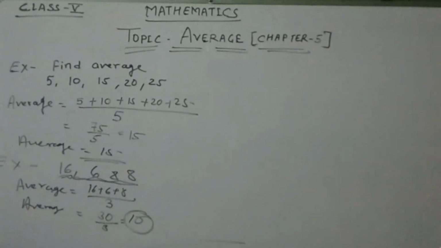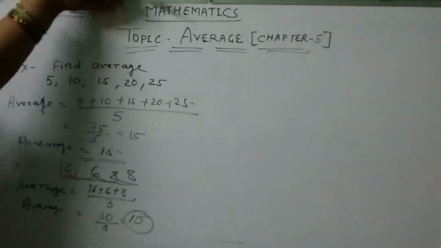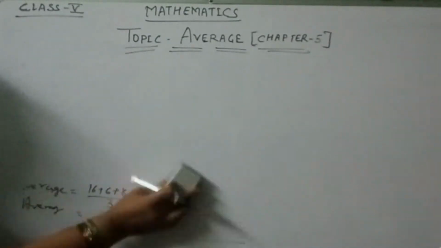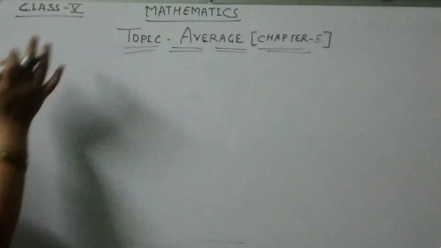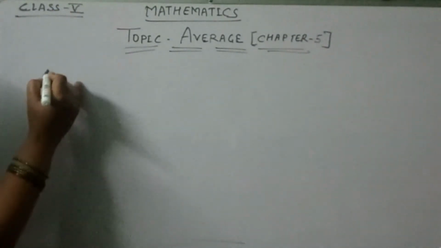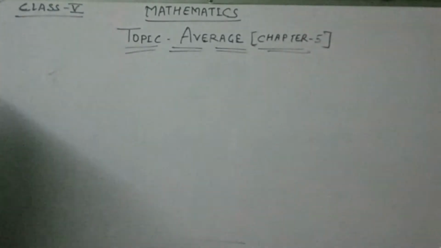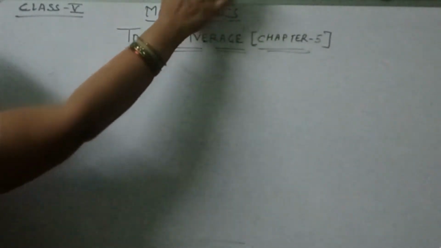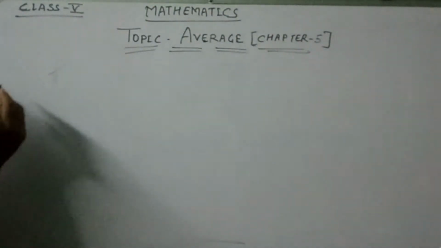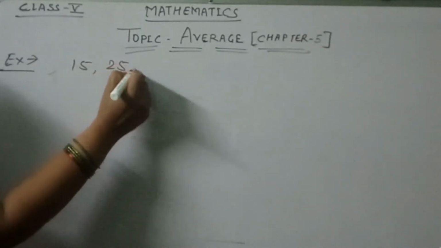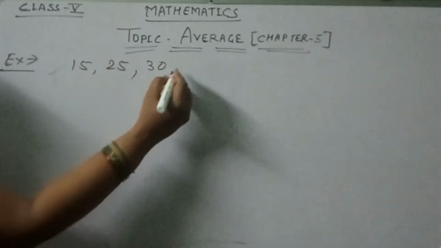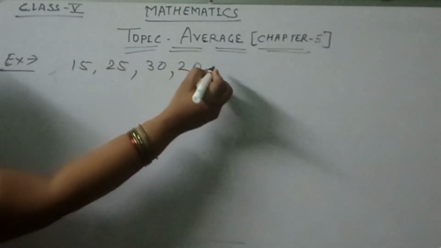Okay, then here, one more example I will take. Suppose four numbers are given: 15, 25, 30 and 20.